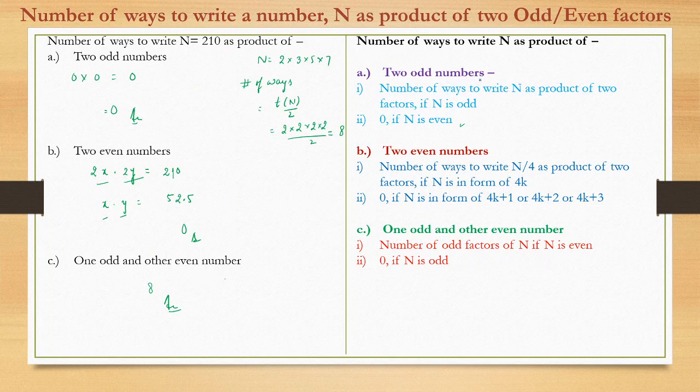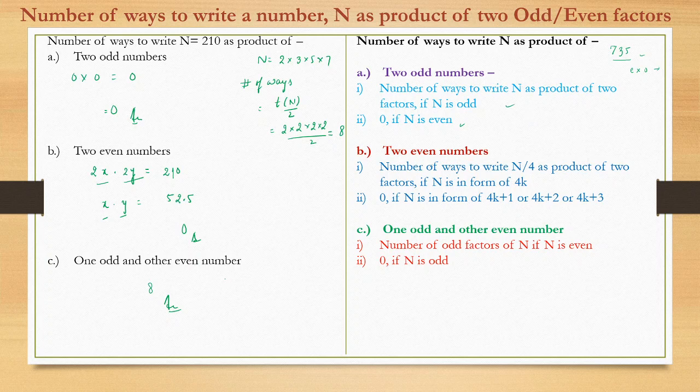In the case of 735, we saw that there cannot be a case of even into even. Even into even will not give an odd number. Further, even into odd will also not give an odd number. So what remains? Odd into odd. So the number of ways in which we can write an odd number as a product of two odd factors is the same as the number of ways to write n as a product of two factors. So this we had seen.